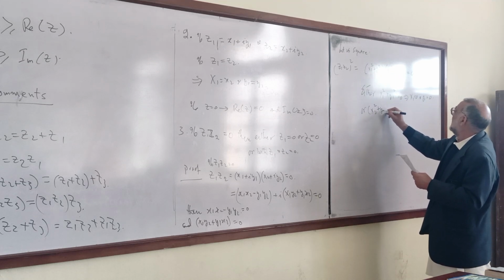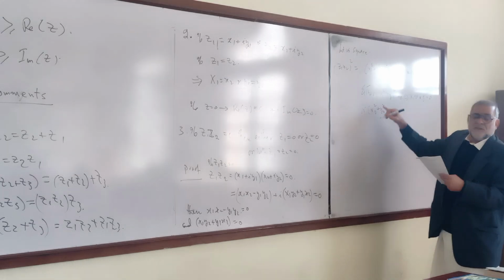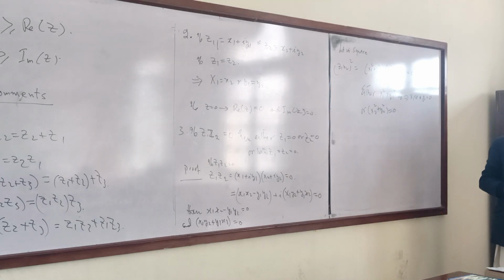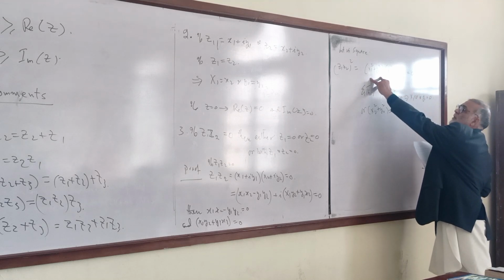Or x2 squared plus y2 squared is equal to 0.